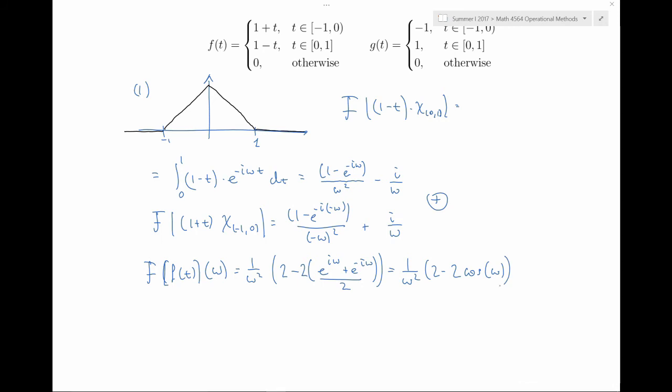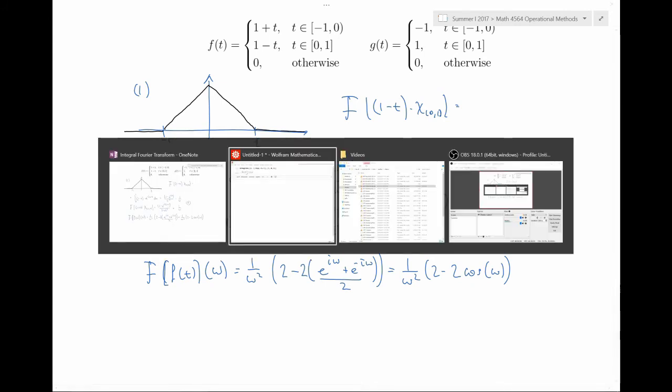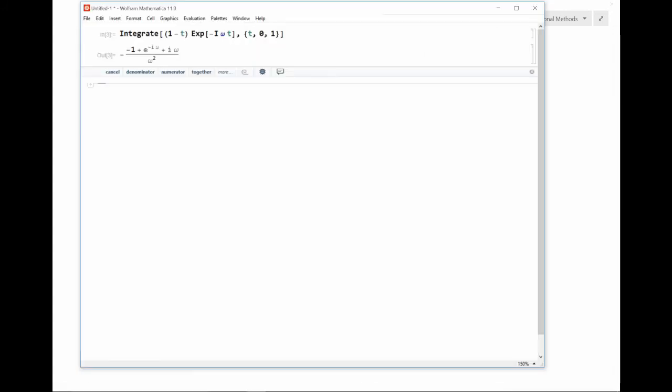We could have gotten this result by just integrating over the interval from minus 1 to 1, except that in this case we will have to take care of the function changing its behavior at 0. Let me show you how we can do it in Mathematica.